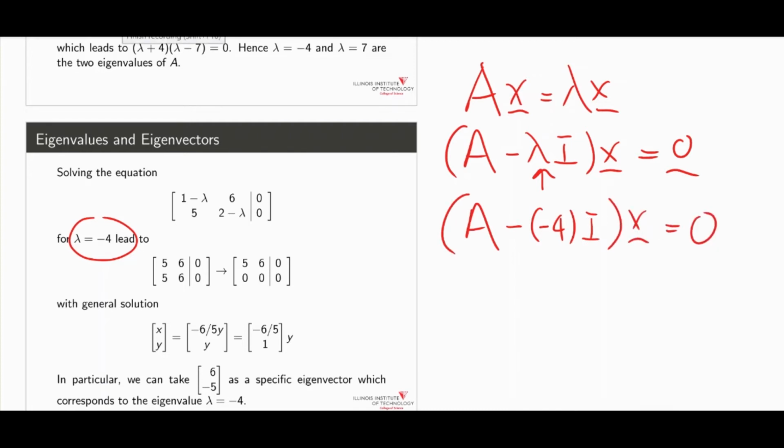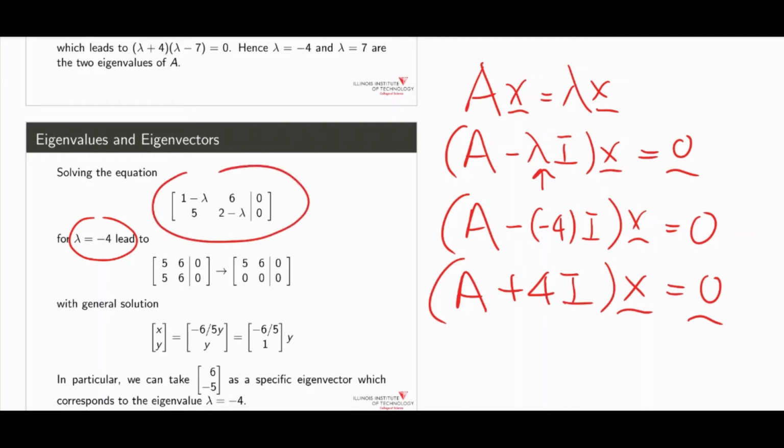That means you take your A and then plus 4I, and then solve the system of equations. That is the same as looking at this particular augmented matrix. This is the augmented matrix corresponding to this. And once you substitute the lambda, which is our negative 4, you will get to this.